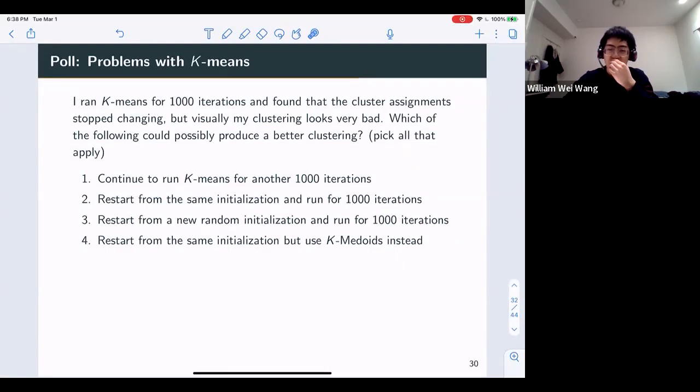Now I have a quick poll for you. Okay, I ran k-means for a while. I found that some cluster assignments stopped changing, but I still haven't found a good clustering. So what can I do that could possibly, in some scenarios, produce a better clustering? You're going to pick all that apply, and I have sent the poll in the chat.